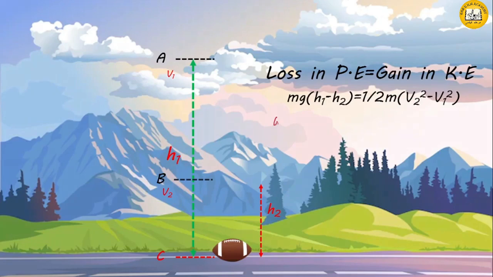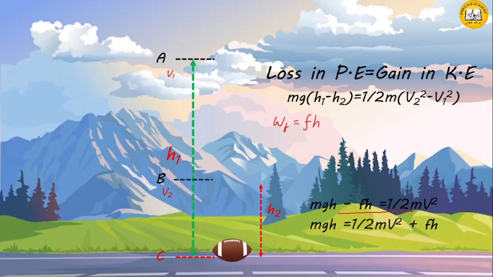This result is true in an ideal system, meaning when there are no frictional forces. If we assume that a frictional force F is present during the downward motion, then a part of the potential energy is used in doing work against friction equal to Fh. Thus, the remaining potential energy, which is equal to mgh minus Fh, is converted into kinetic energy.